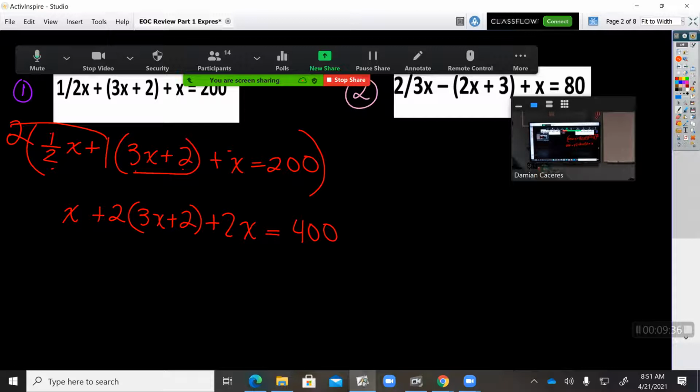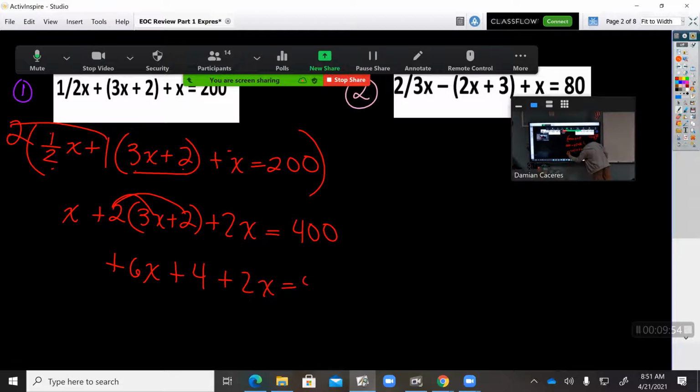Now, after you distribute, 99% of the time you have to collect like terms. So let's distribute and collect like terms. 2 times 3x is positive 6x. 2 times positive 2 is positive 4.